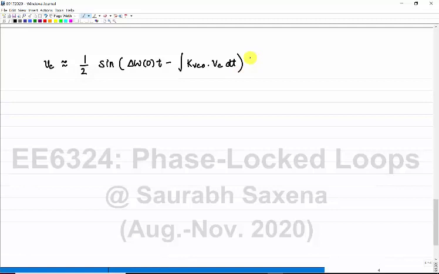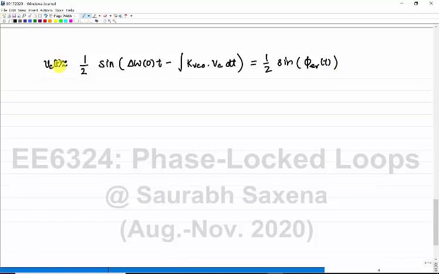Or you can also write it as 1/2 of sine of whatever phase error you are having at that given instant of time. That will be your control voltage.